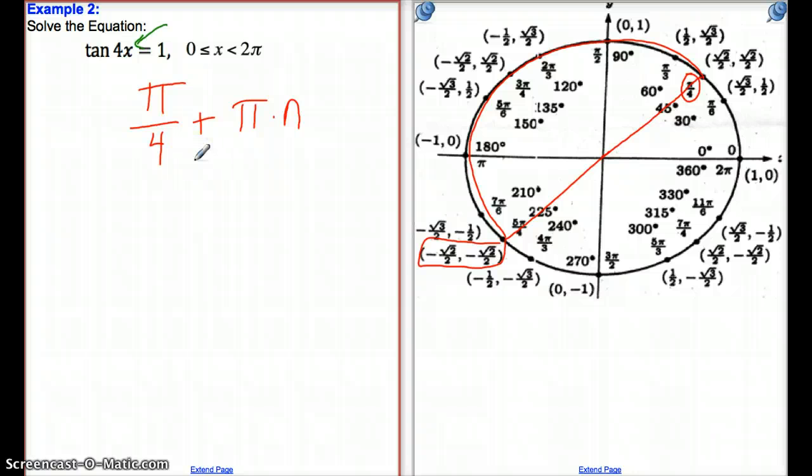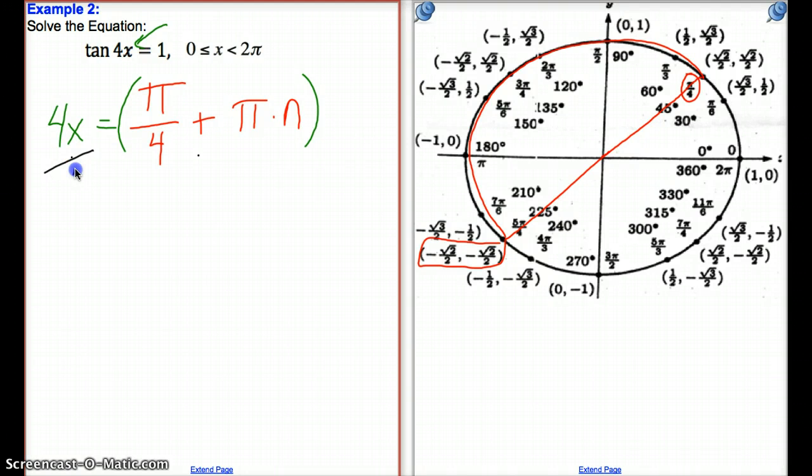So we're looking for when will I get this answer if I'm plugging in 4x. I want this 4x over here to equal this, and I want to figure out when that will happen. So I'm solving for x once again.